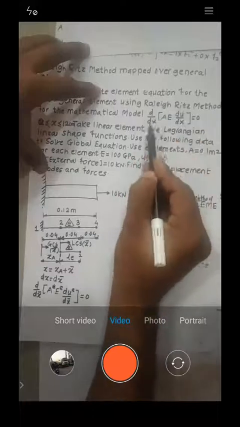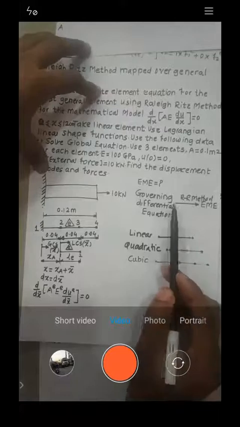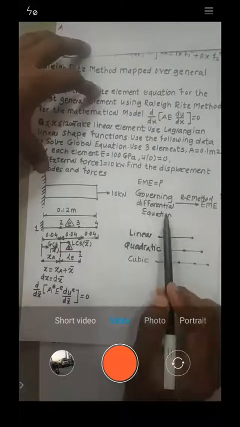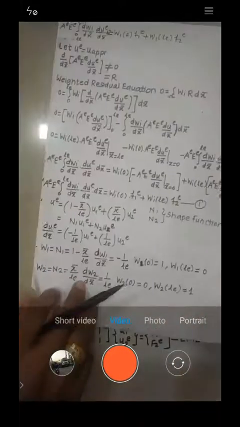D by dx of AE du by dx is equal to 0. So at the beginning, I told you, if you have a governing differential equation and you apply the Rayleigh-Ritz method, you will get EME. So initially we assumed an approximate solution, and by assuming this we reduced its degree.